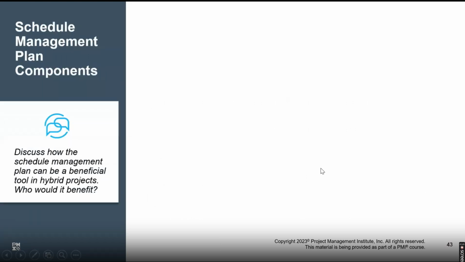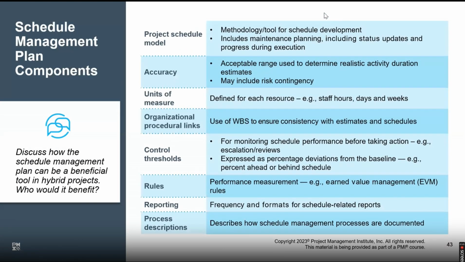Let's see what is in the plan. While looking at the scheduling part, this is still an overview of what is captured in the plan. You will be trying to capture the different kinds of scheduling tool, whatever you want to use for your project during execution. Some sort of tool has to be decided. When you talk about the time part, from a scheduling perspective, I did mention that risk will play a critical role.